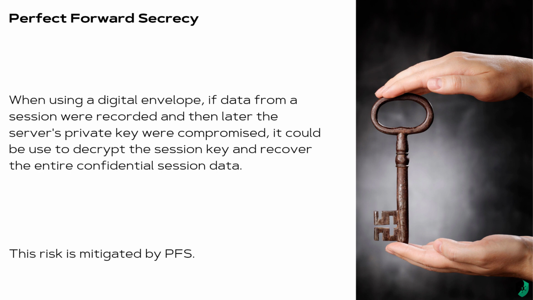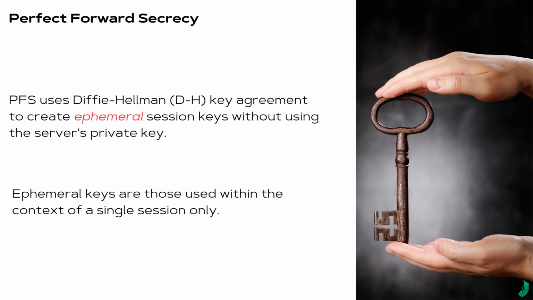So how do we combat this? This risk is mitigated by perfect forward secrecy. Now, how does this work? Basically, the PFS uses the Diffie-Hellman key agreement to create something known as an ephemeral session key without using the server's private key. Now, ephemeral keys are those used within the context of a single session only.